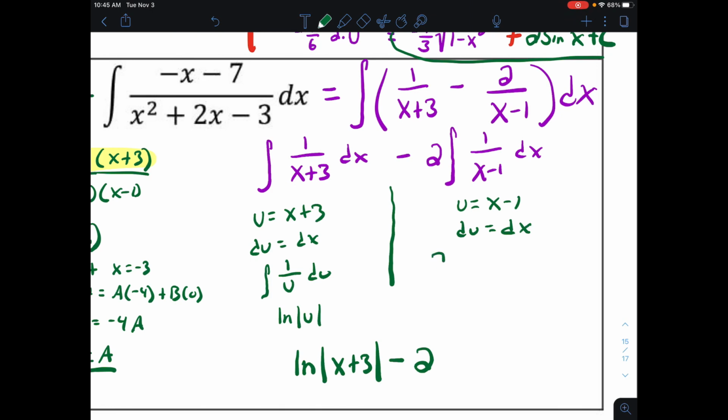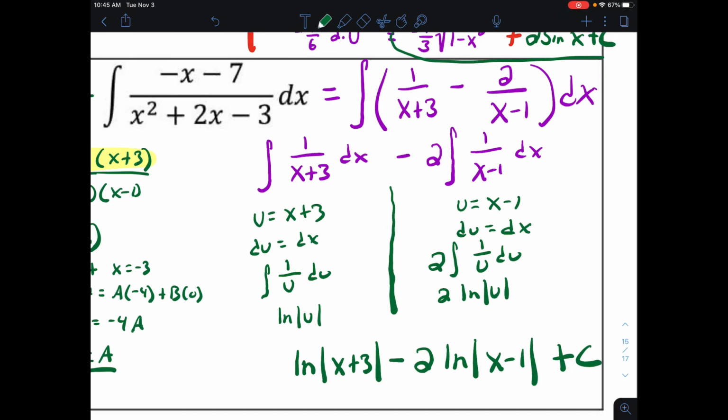And so basically you'd have 2 times the indefinite integral of 1 over u du, which is going to give us 2 times the natural log of the absolute value of u here. And then we substitute back in what we had u representing for the second one. So it'd be 2 times the natural log of the absolute value of x minus 1. And then don't forget the plus c on the end.